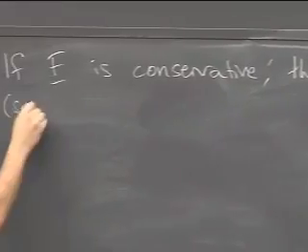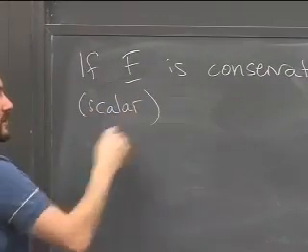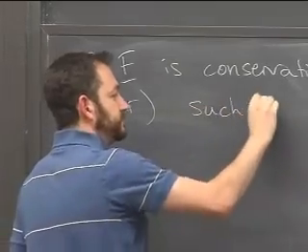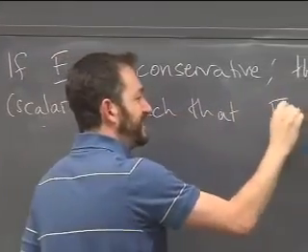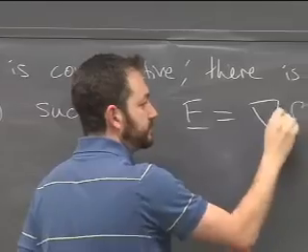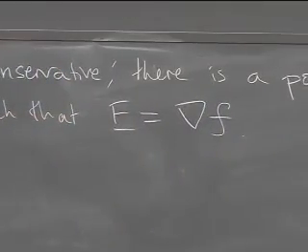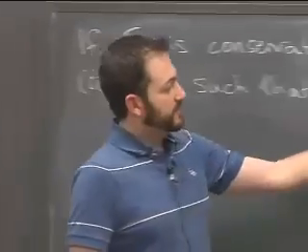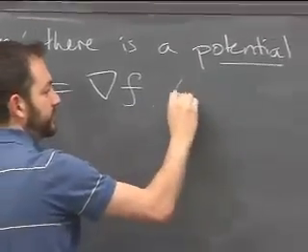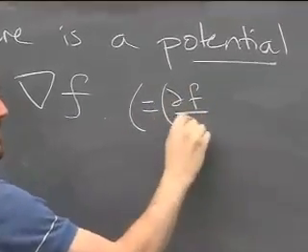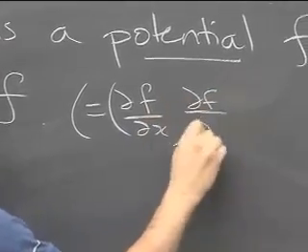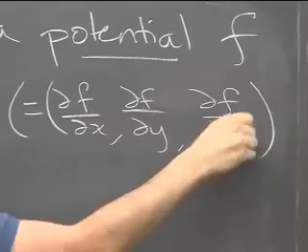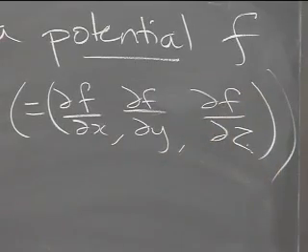This is a vector function or a vector field. f is a scalar function such that F is equal to grad f. Capital F, the vector field, is grad f. Remember, this is the vector field df dx, df dy, df dz in 3 dimensions. In 2 dimensions, you don't have the last coordinate.